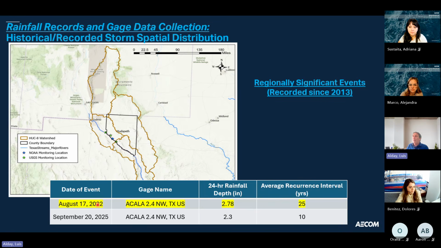We want to fully understand. We don't want to over-design or under-design. We want to be as accurate as possible to have a better understanding of what is going on in Fort Hancock and have the best and most cost-effective solution for you, okay? From these 2 events, although 2025 is more recent, we decided to run the 2022 since it is a bigger event and it's not that far away from 2025. So you may have a recollection of this event.